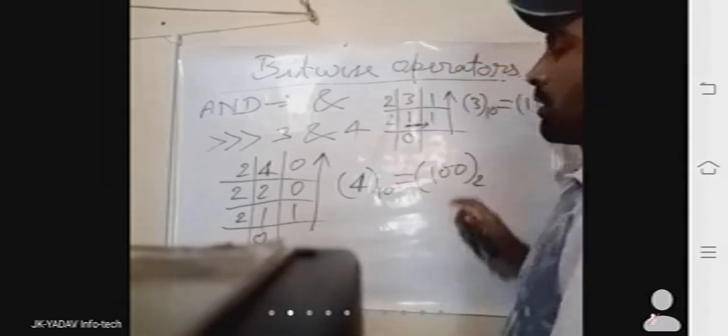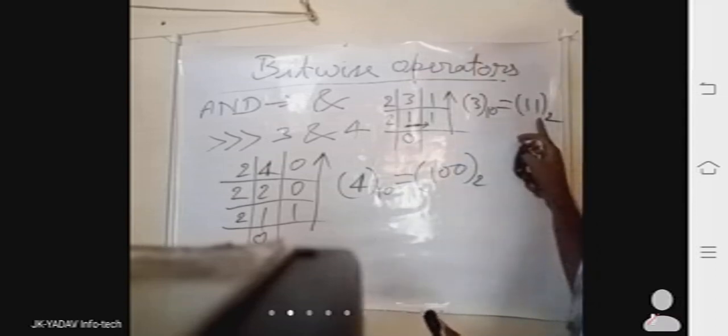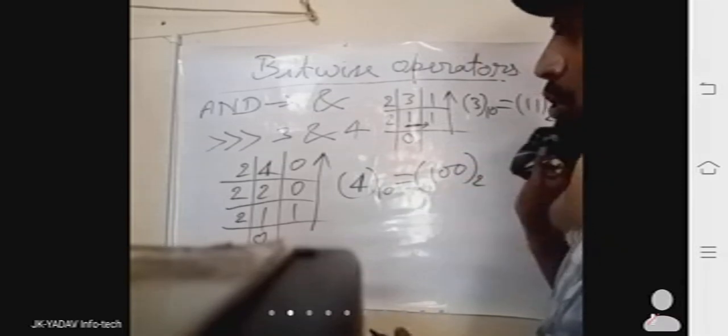Okay. So now you can see we have found the binary. Binary of 4 is 100 and binary of 3 is 11. Now let me compare.